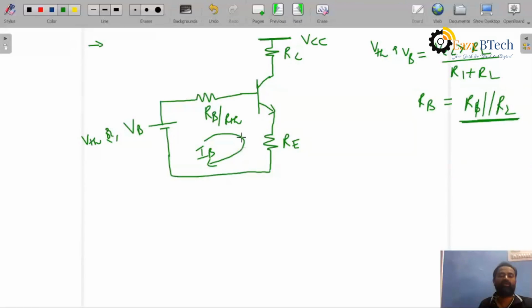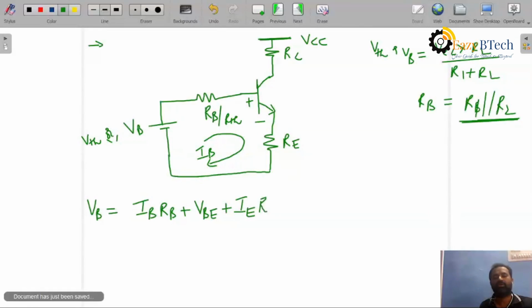Now we write this equation: VB is equal to IB into RB plus VBE, the base to emitter voltage, plus IE into RE. It is equation 1.